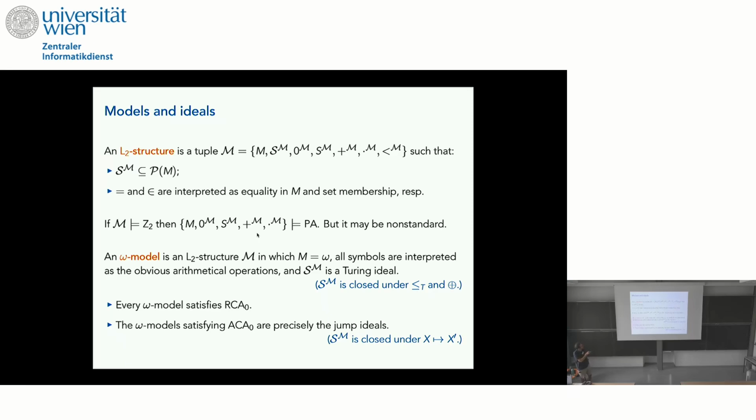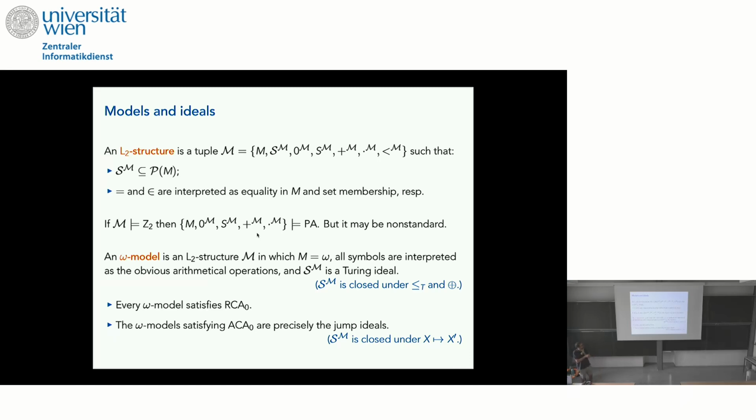Really, what we're looking at is a model of PA, which may be non-standard, together with a collection of subsets of the universe of that model, with the actual set membership relation between the elements of the universe and the sets. When that model of PA is standard, we call those omega models.